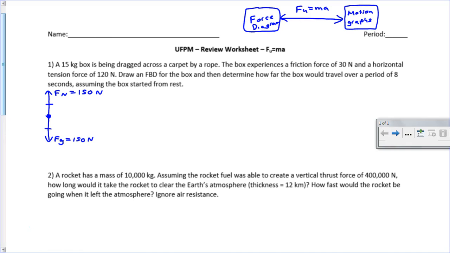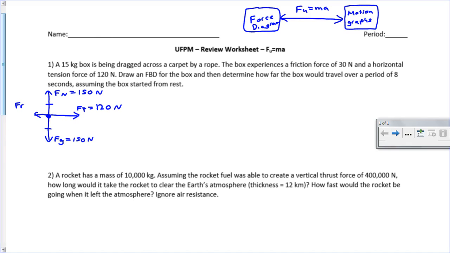The other forces that we have here: we have a tension force, and it doesn't really give us a direction here, so if we aren't given a direction, then usually the assumption is that it's going to the right. So we're going to have a tension force here, and that tension force is equal to 120 newtons. And then lastly, we have a small friction force here going the other way.